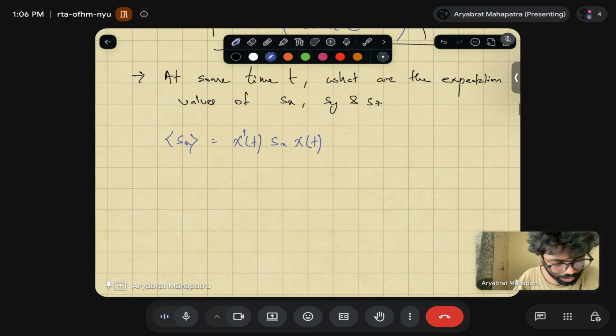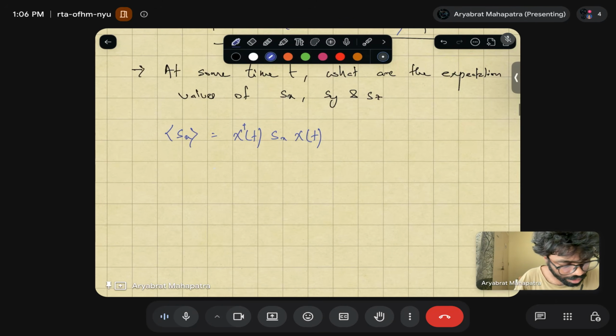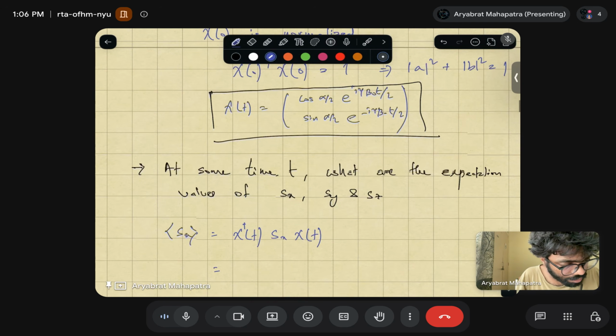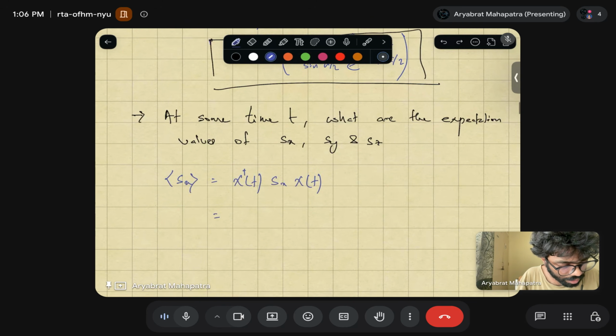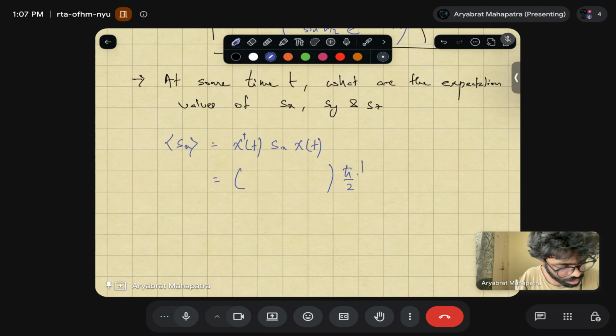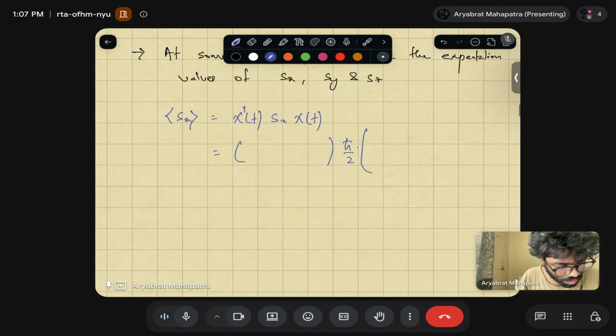So if this is chi t, which is a column vector, then chi dagger t is basically a row vector. You will have that, and then you use Sx. Sx is given as h bar over 2 times the matrix 0 1, 1 0, and then again you have chi of t.